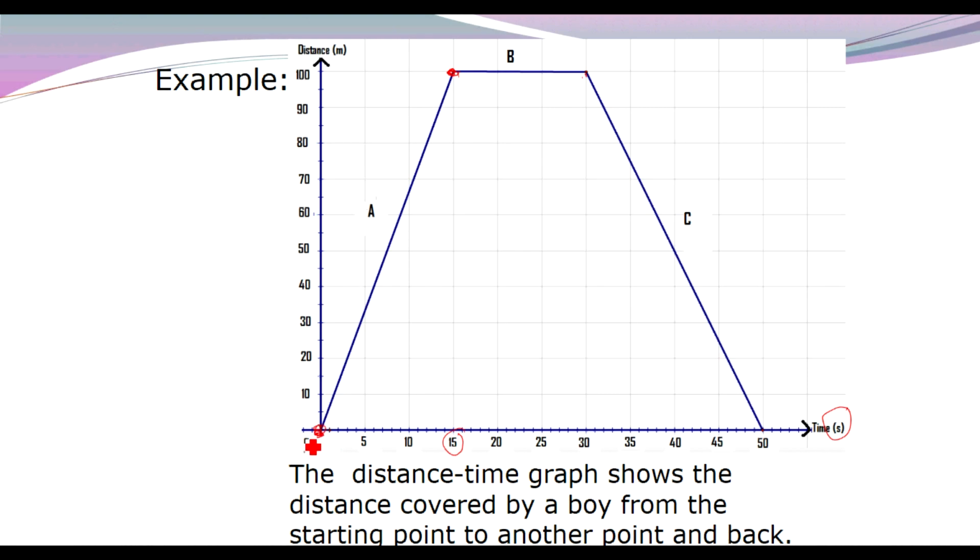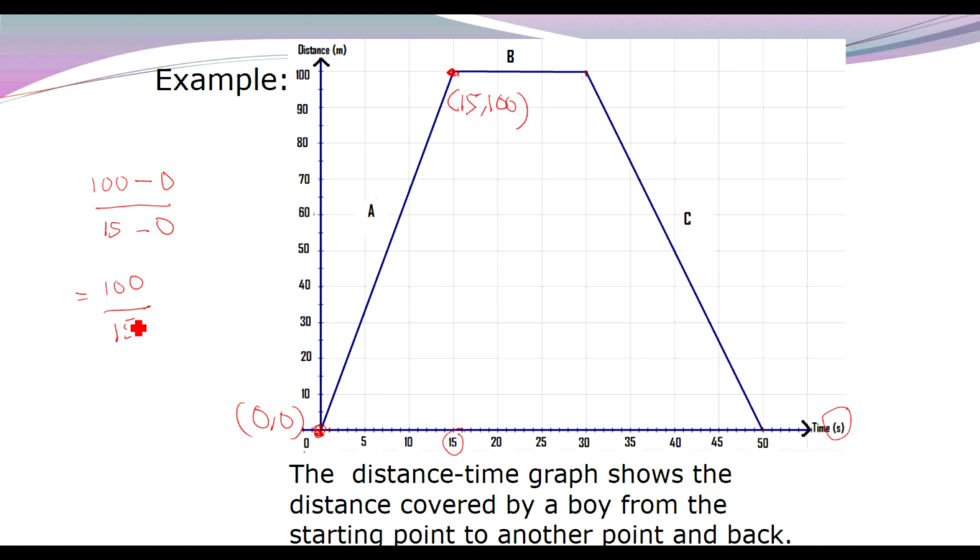Easier: this is 0, 0, while this is 15, 100. So speed equals gradient. Calculate the gradient: 100 minus 0 over 15 minus 0, which equals 100 over 15.